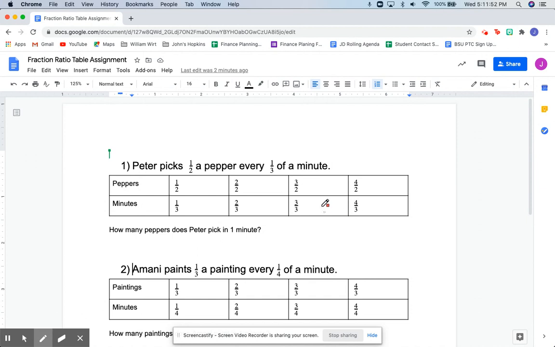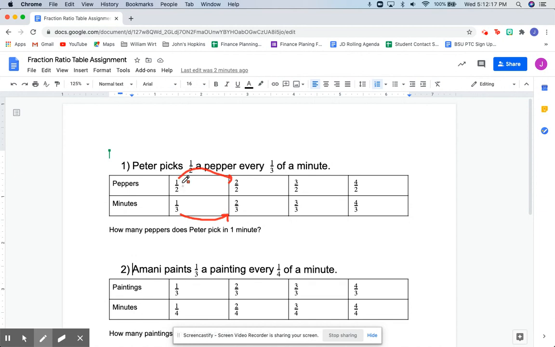4/3 a minute. And just as a reminder, how we got this table was we went from here to here and we created it just like we created ratio tables with whole numbers. Whenever we went to a new column, whatever we did to the number on the top, we did to the number on the bottom.